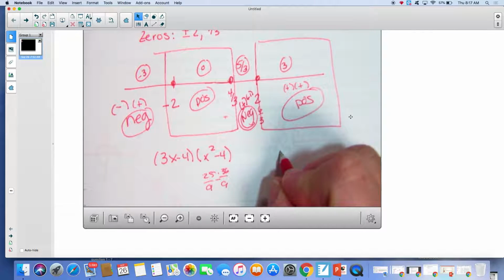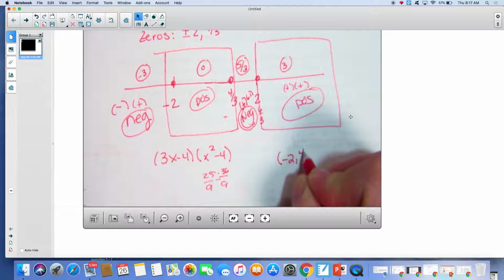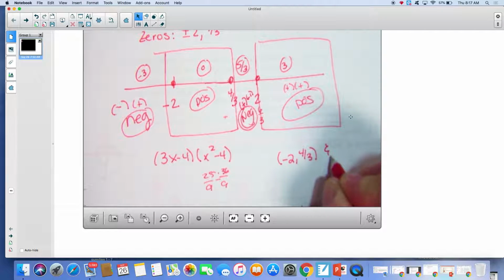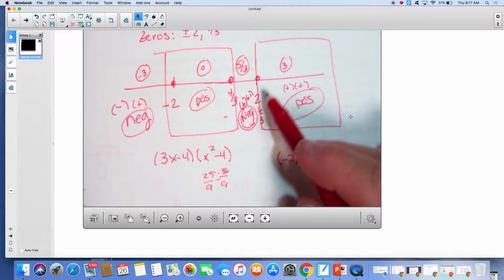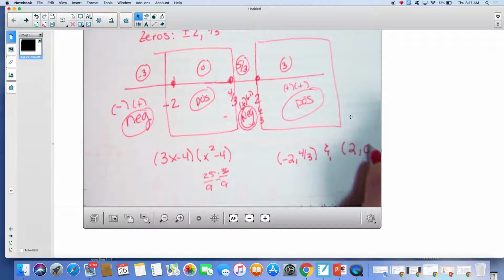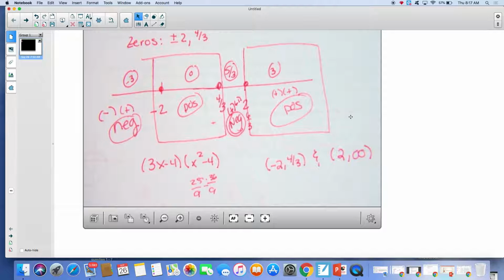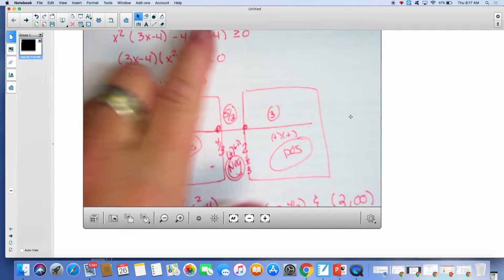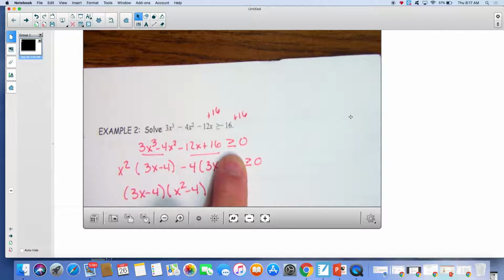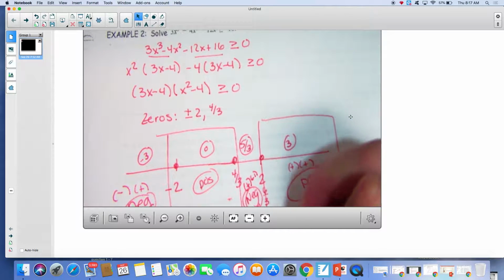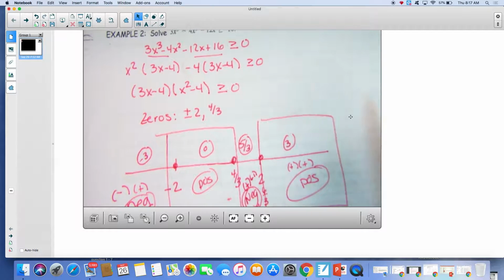So it's on the intervals between -2 and 4/3 and 2 to infinity. Now we have to decide, do we include those endpoints? Well, it's greater than or equal to 0, so yes, we include them. So instead of parentheses, we need to use brackets.